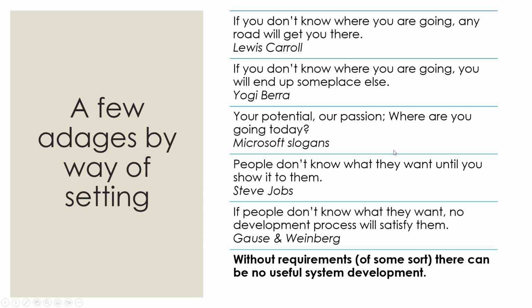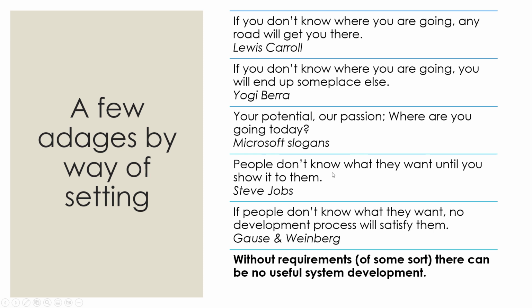So for innovative products there are still requirements, but they're not derived from the end user. They're derived maybe from the vision of where things are going, and from the authors of the book. If people don't know what they want, it doesn't matter how good your development process is, they won't be satisfied.